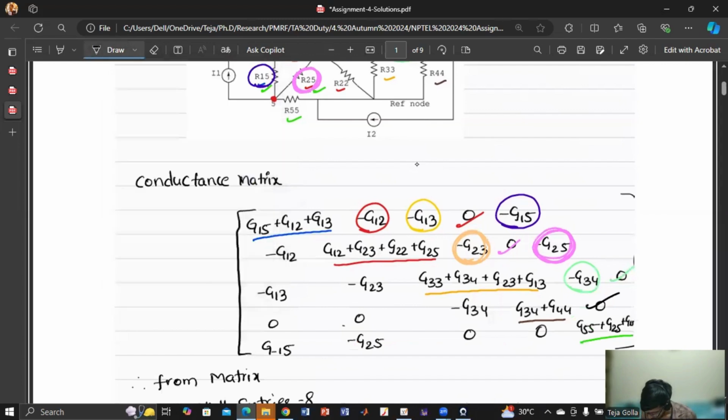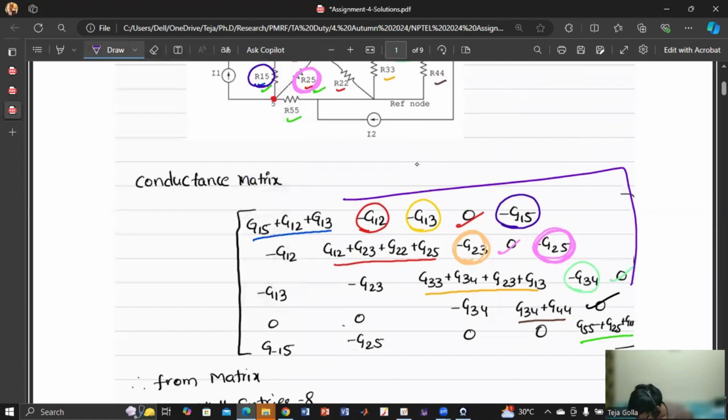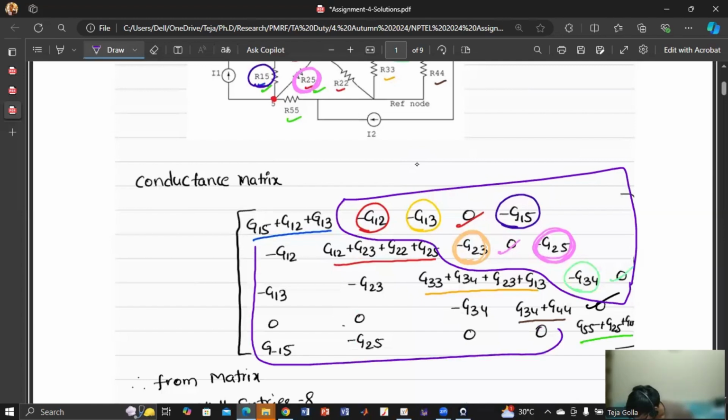Now there is one important thing. If I consider this as a triangle, this will be symmetric. Whatever you have obtained there, it will be the same thing.